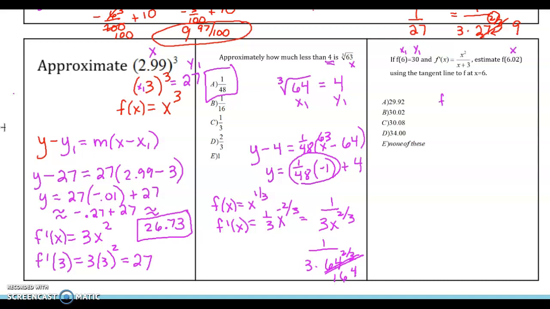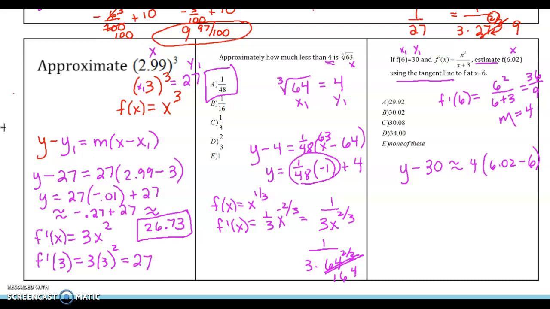So I'm going to do f prime of 6 and plug that in. So 6 plus 3, so what's that? 36 over 9, so 4 is our slope. So y minus y1 equals m times x minus x1. And see how we can word it so differently, but it says to estimate using the tangent line. So that's kind of trying to tell you to use a tangent line approximation.